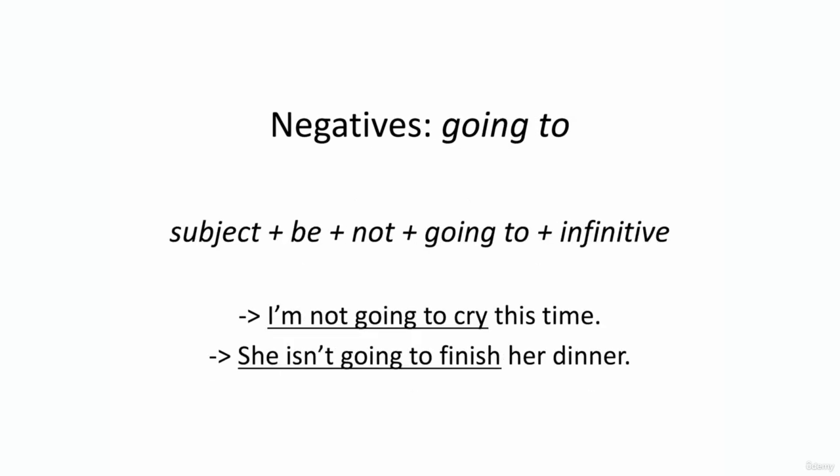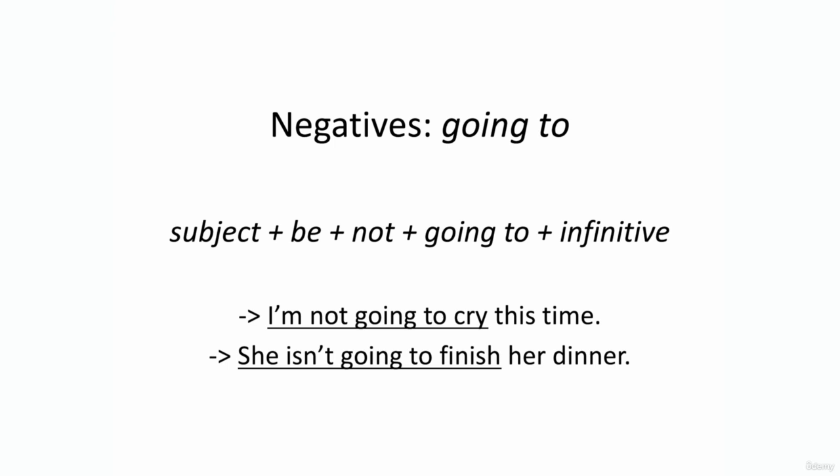To form negative sentences in the future tense with the construction going to, we follow the pattern subject plus be in the present tense, plus not, plus going to, plus infinitive. I'm not going to cry this time. She isn't going to finish her dinner.